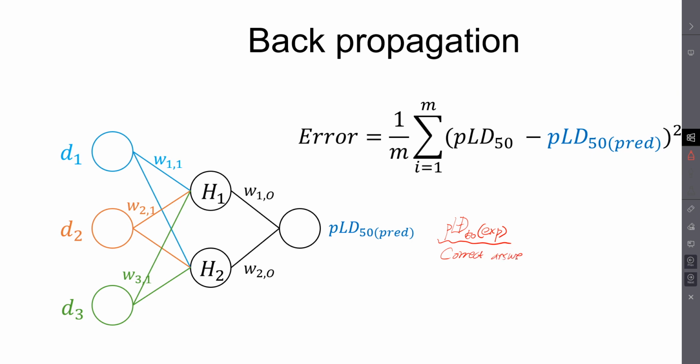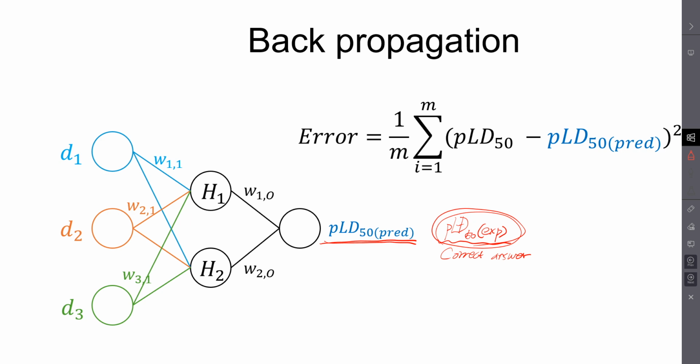And our goal of developing a neural network model is to make the prediction value have minimum error with the correct answer. But it's impossible to make a good prediction with a random guess of the weight. So initially, weights are assigned with random values.